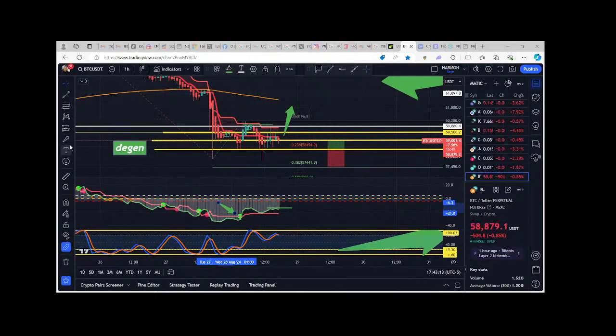And what this does for us is that we can see there's a lower level here, and on that pullback before the green moon, there was a lower level here, right?